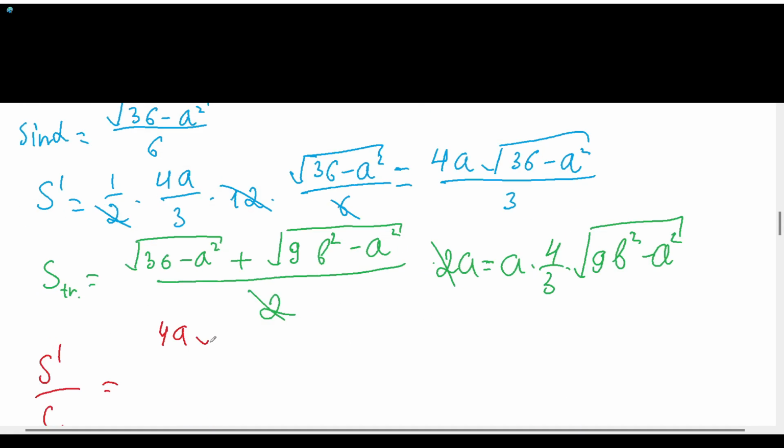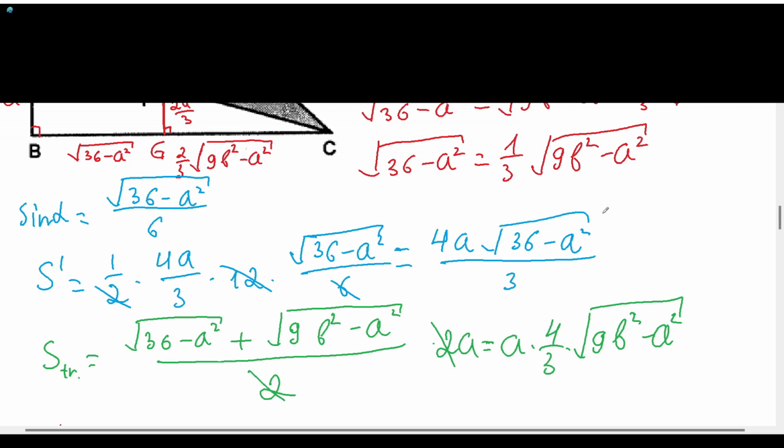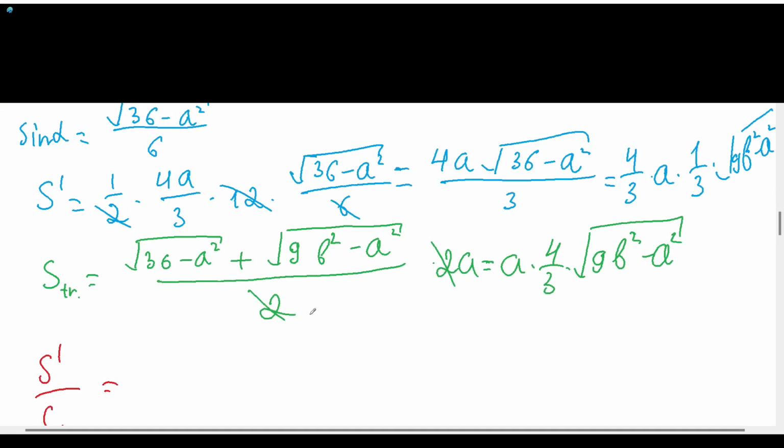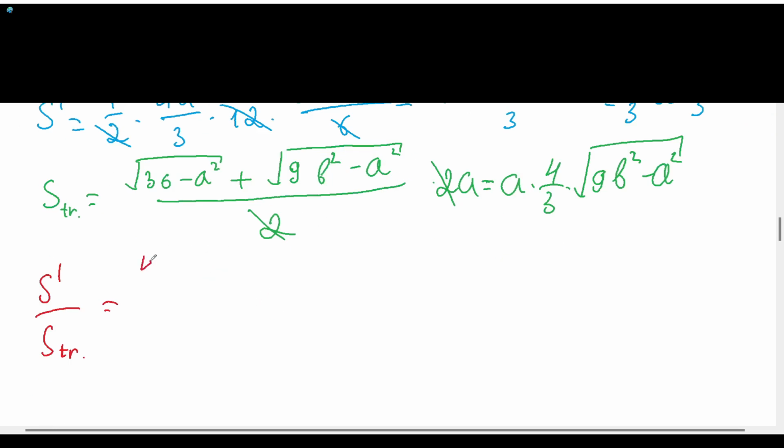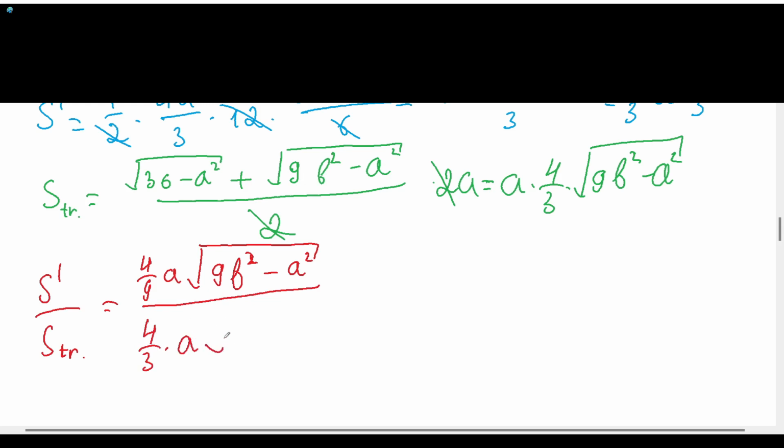So it will be equal to 4 over 3 times a times 1 over 3 times the square root of 9b squared minus a squared, so 4 over 9 a times the square root of 9b squared minus a squared, over this one, 4 over 3 times 2a times the square root of 9b squared minus a squared.